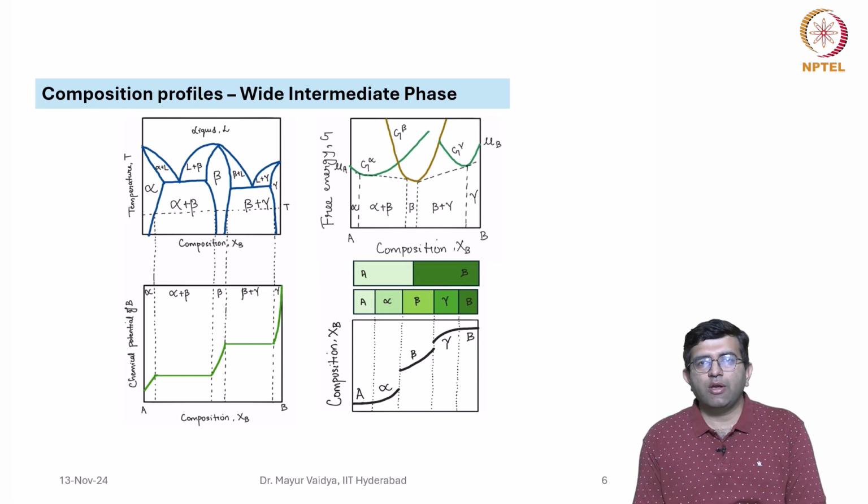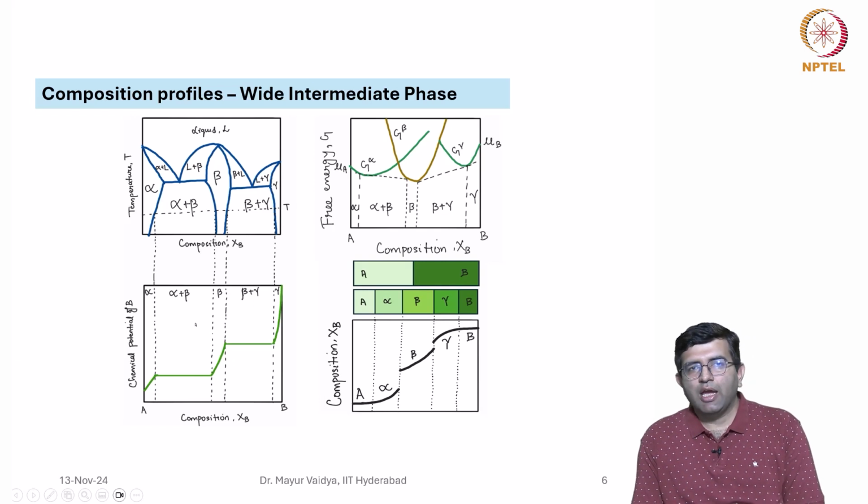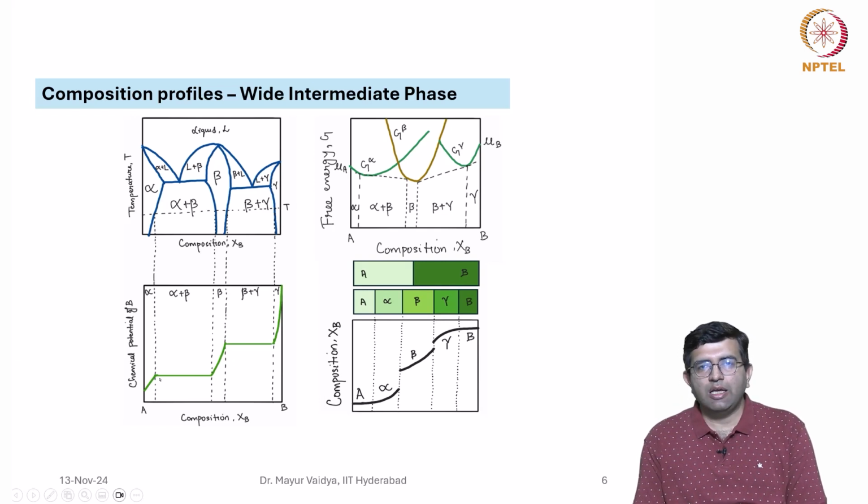So, now how will your composition profile look like? You will have a small region which will be constant here, where the composition is 0. Then you have this region of alpha in which the composition will increase. You can see the composition increases till it reaches this point. After this, you have the beta phase.